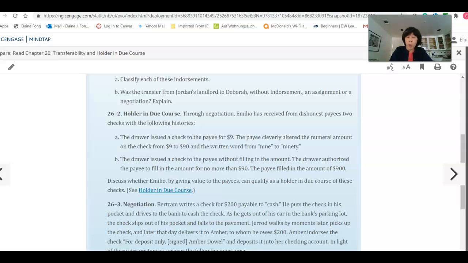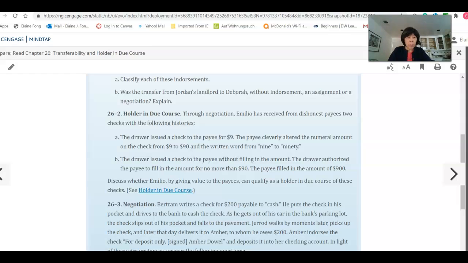So Emilio will qualify if he is the transferee on this second check. He will also be a holder in due course and able then to attempt to collect on the check at the face value. And then it would leave what? The drawer whose authority has been exceeded to look to his agent or whomever filled in the check for any kind of reimbursement.